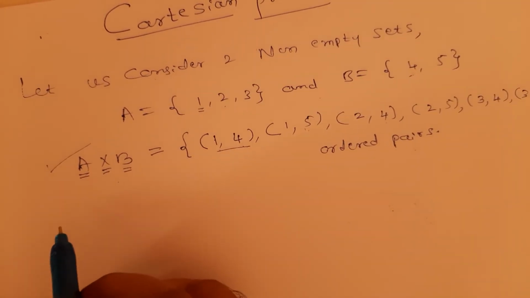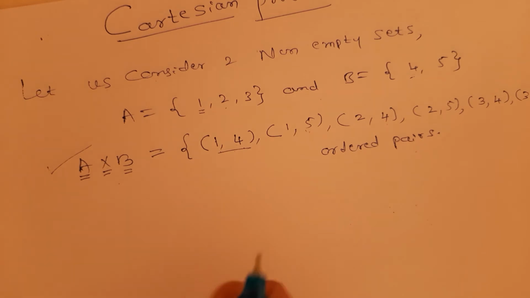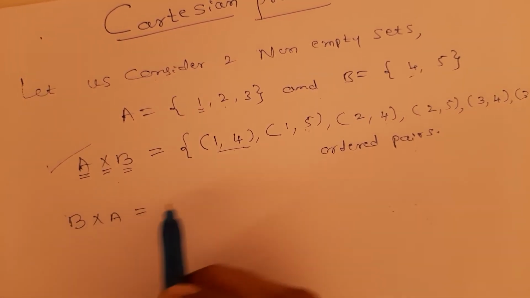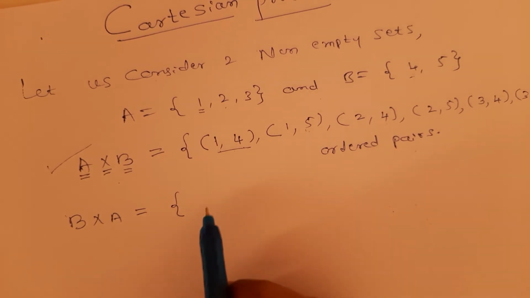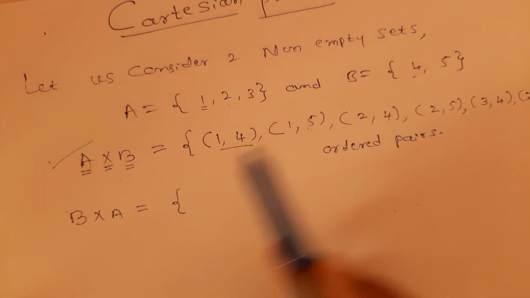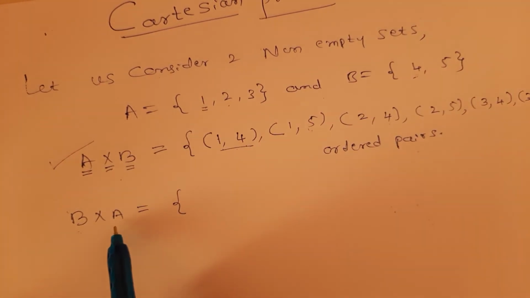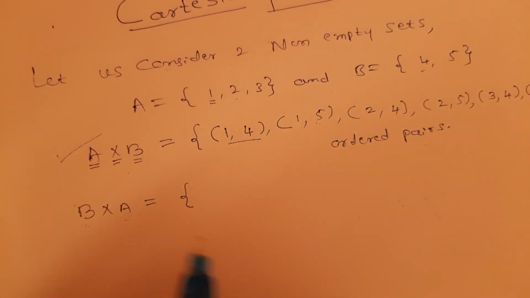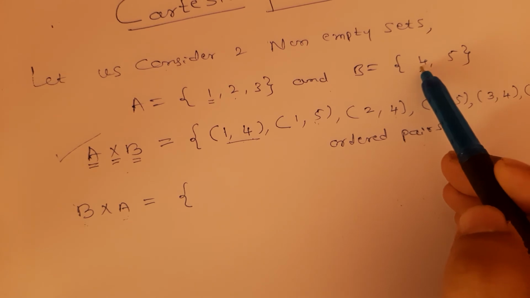Suppose I want to write the Cartesian product from set B to set A. Observe here, I have written set B and set A, so I can write it as B cross A. Then we have to focus here.